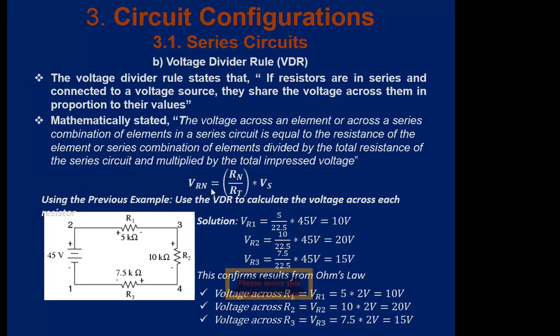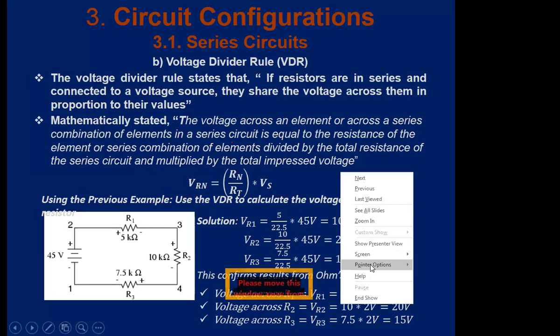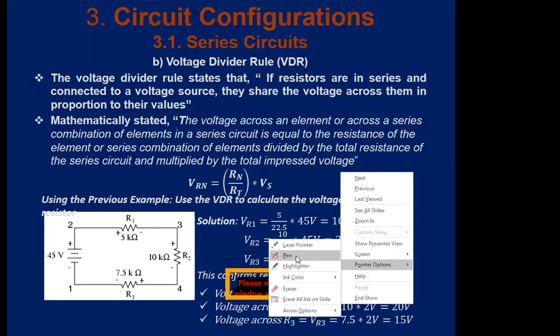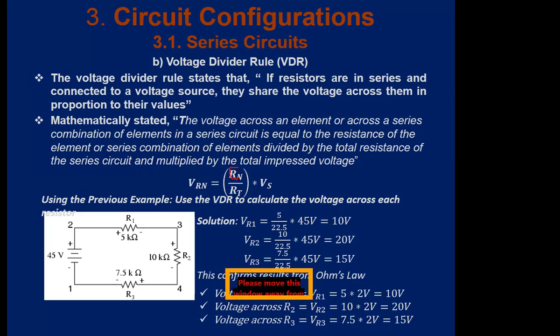So in other words, the voltage across element N, or Rn, will be equal to the value of Rn divided by the total resistance multiplied by the supply voltage.